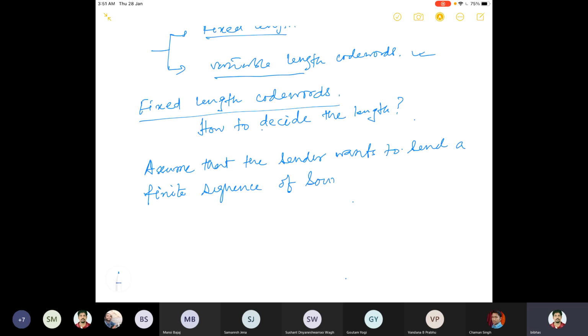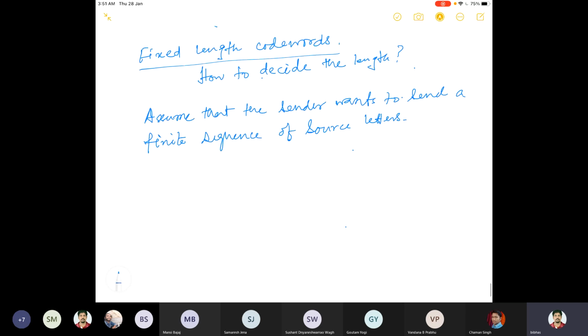Let us write a sequence, U1, U2, up to UL, so length L. This is the sequence of L letters that the sender wants to send.